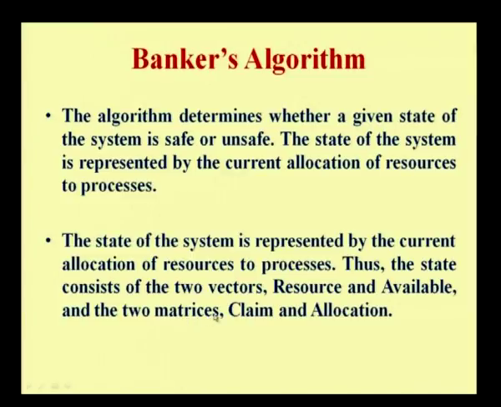What are the two matrices? Claim and allocation. When do you call a state a safe state, or an unsafe state? If you have the resources and you think you can very well complete the task with the resources available.